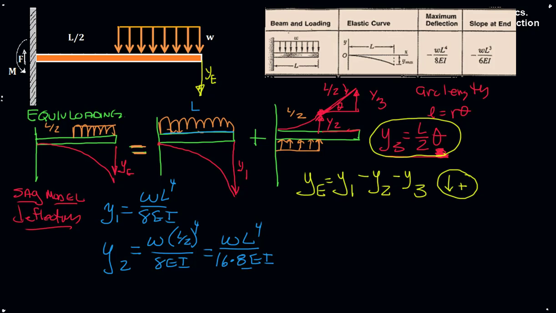And then Y3 will be L on 2 times theta. And theta, at the end of this beam right here, the angle, we can find here by again plugging in L on 2 as the length of that short beam.